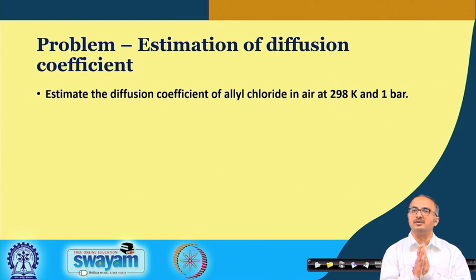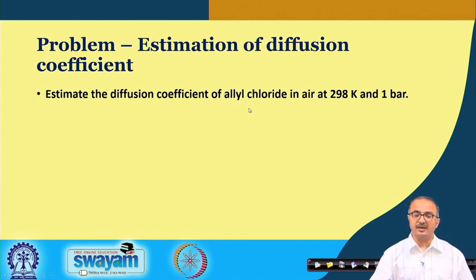Whenever you are keeping the system undisturbed, the mass transfer or the distribution of a component in another component will occur purely due to diffusion, and whenever it is diffusion, you need the diffusion coefficient or diffusivity. This diffusivity is a function of both temperature and pressure, so it is important for us to mention the temperature and the pressure.